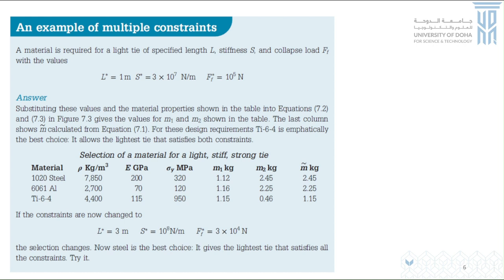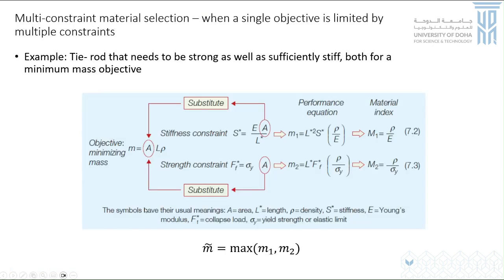Do you think the material selection will change? Of course it will change. And that's what I have done in the next case, and I have given you some more values, because your performance index also depends on these constraints. So if these constraints change, the mass value will change, and therefore the material selection will change.